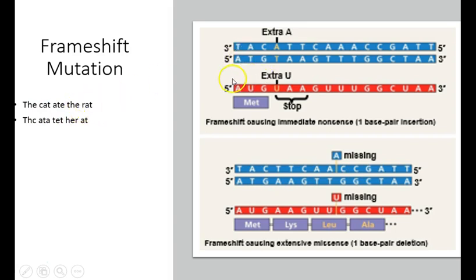So mRNA is also read in those 3-letter increments called codons, if you remember correctly. So if I took out one letter, right here, I took out the E, now it changes every word in my sentence.